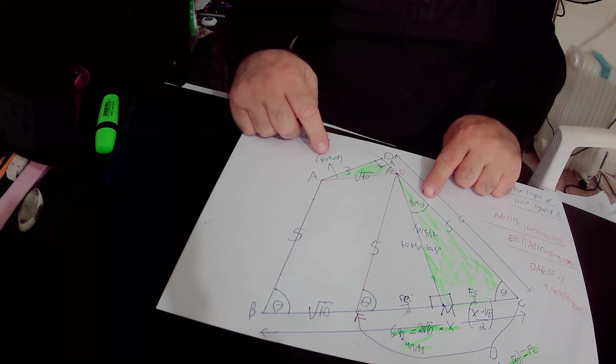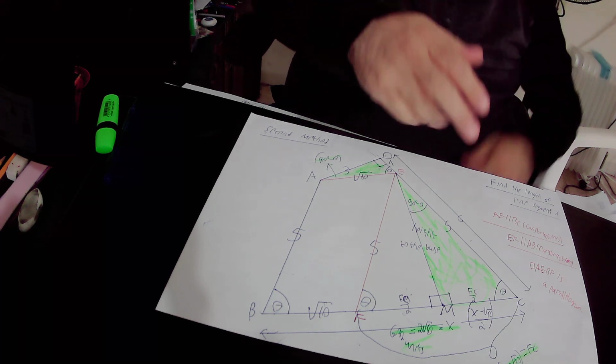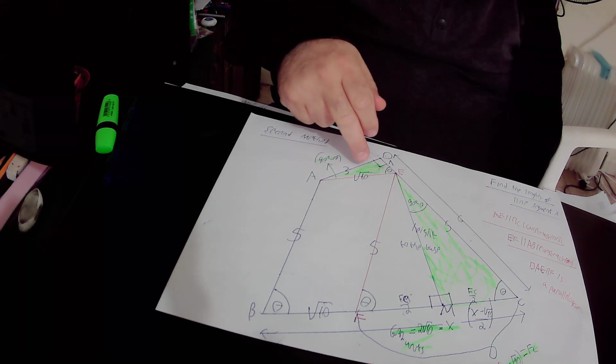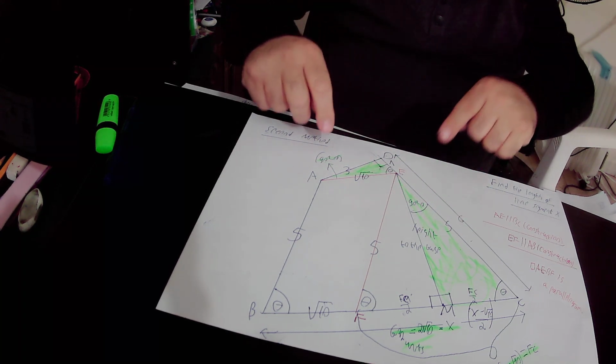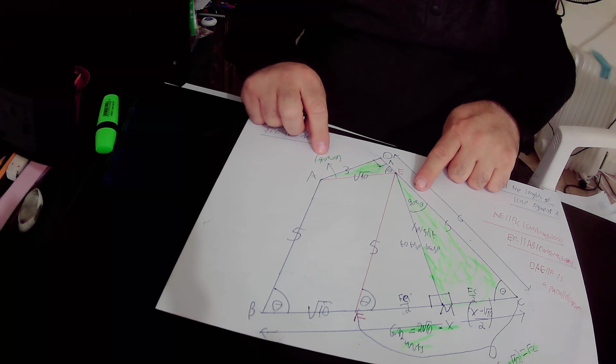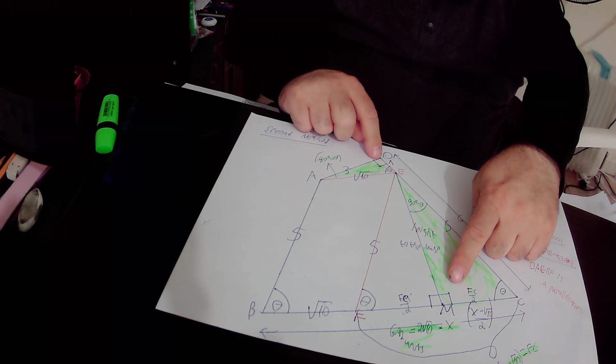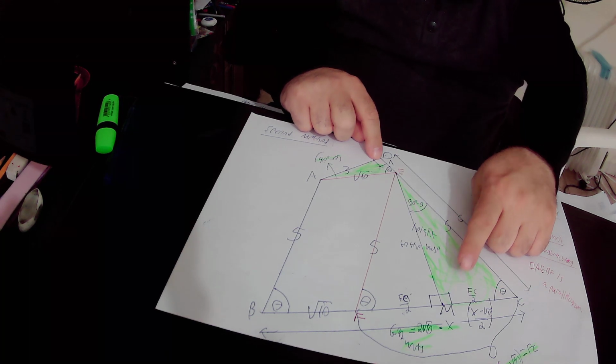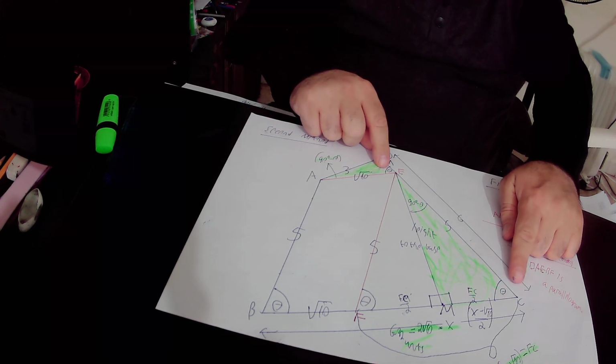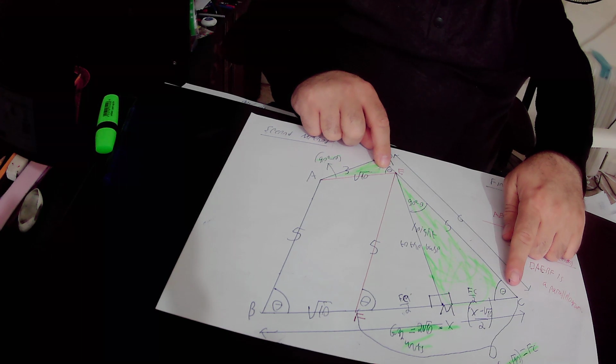So we have those two angles, they are both equal to 90 degrees minus theta, therefore they are equal to each other. So we have three angles in these right triangles that are equal to three angles in those right triangles. Those two angles are both equal to 90 degrees minus theta, those two angles are both equal to 90 degrees, and those two angles are both equal to theta, therefore they are equal to each other.